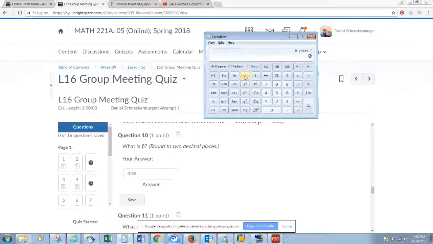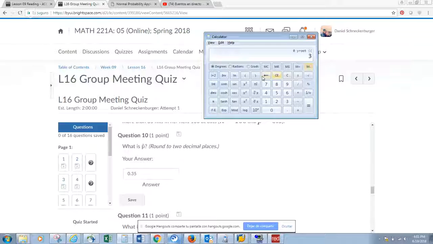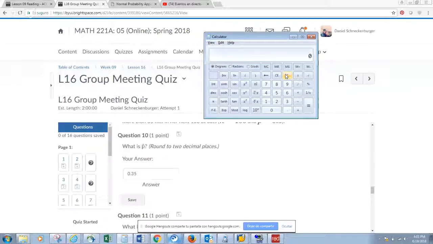Yeah, I do square root 0.3 parentheses 1 minus 0.3 parentheses divided by 100, and then close the parentheses so it's all in the same. Okay. Let's see. So it would be 0.3.